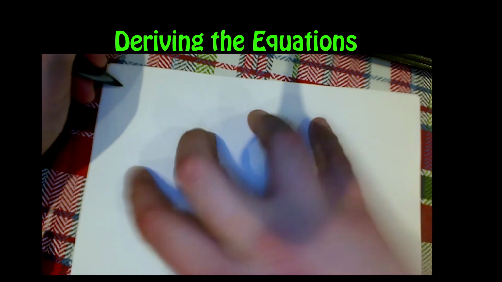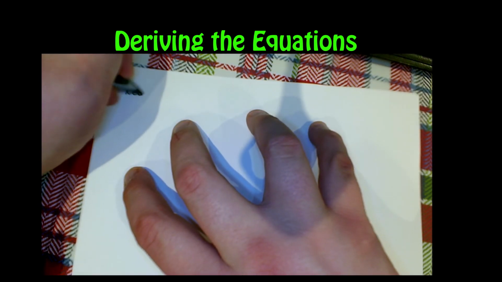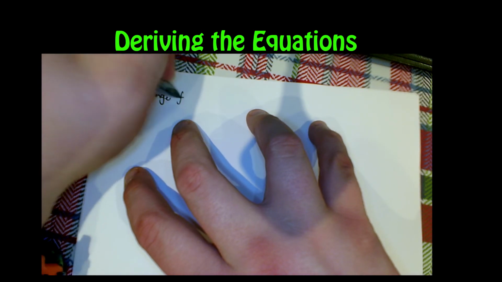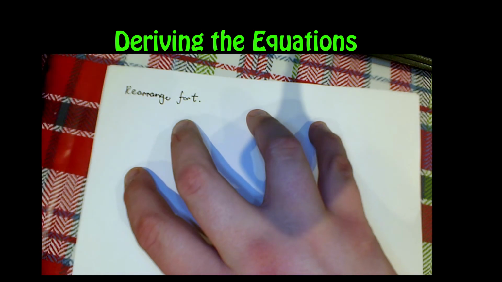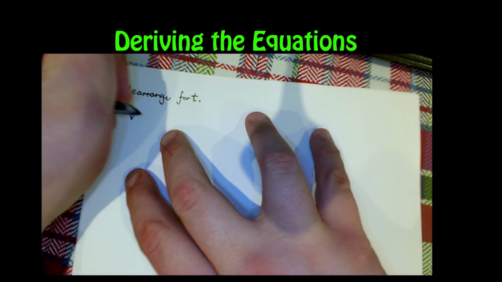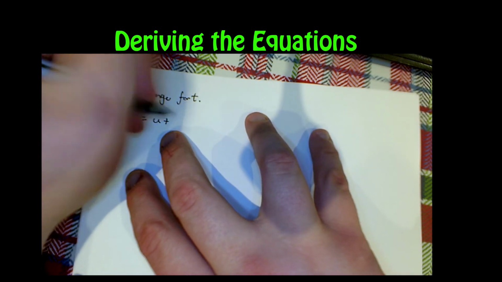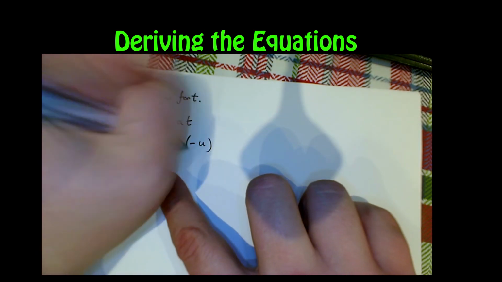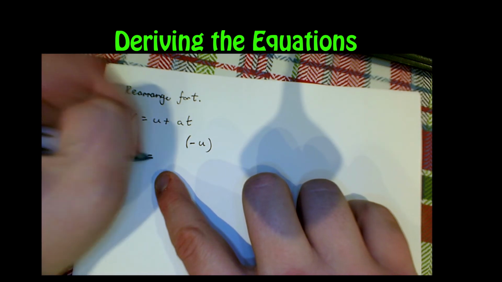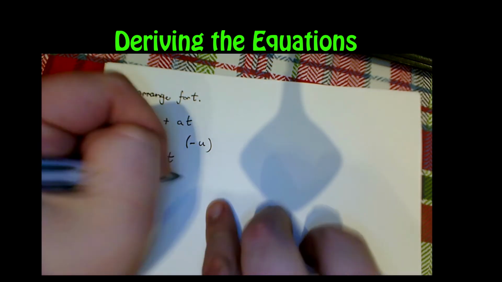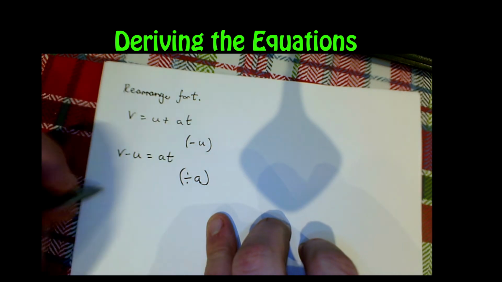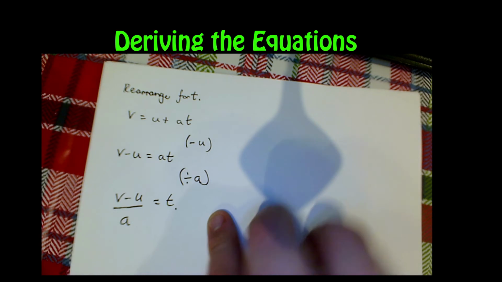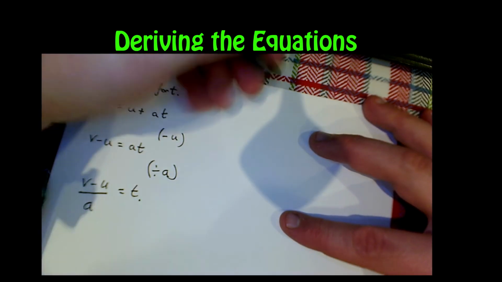So this time we're going to rearrange for t. Okay, so we have v equals u plus at, and I want to make t the subject. So first step, take away u from each side. V minus u equals at. Then I'm going to divide by a, so I get (v minus u) over a equals t. Then we'll do the same for this equation.